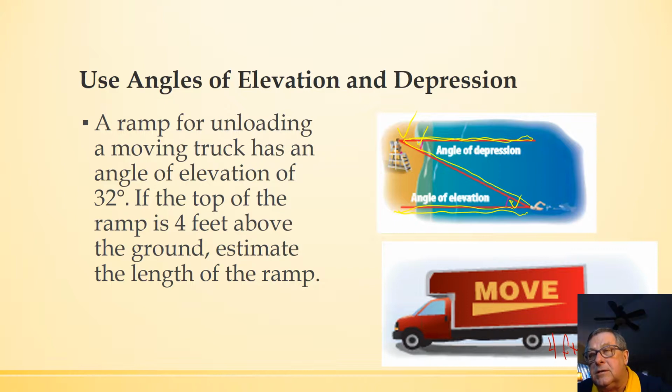Let's see, SOHCAHTOA, sine is opposite over hypotenuse. So I can use a sine function to find the length of that ramp. So let's say we got the sine of 32 equals 4, the opposite side, over x, which is going to be the length of the ramp, or in fact the hypotenuse. And so let's multiply both sides by x.